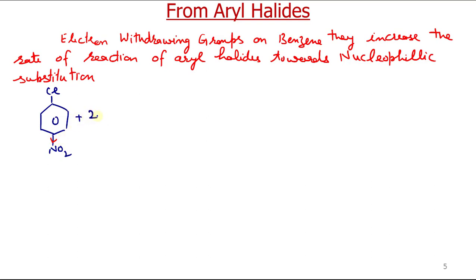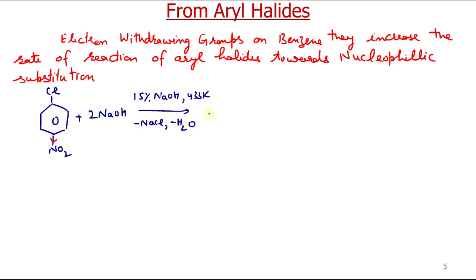Now it can react with NaOH. The reaction conditions are milder relative to chlorobenzene. We require only 15% NaOH, a lower temperature of around 433 Kelvin, and we don't require high pressure. So minus NaCl, minus water.